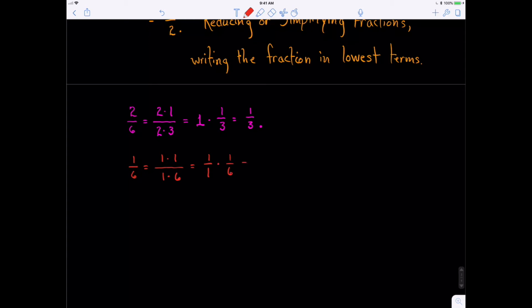And we said that any number over itself is 1. So that's just 1 times 1/6. But wait, that's just 1/6. So the point of that is very simply that 1/6 is already in lowest terms.